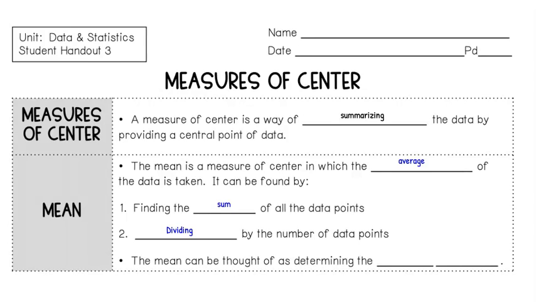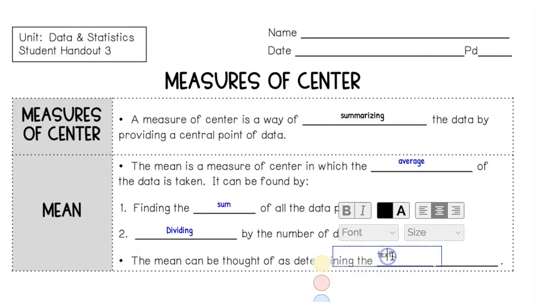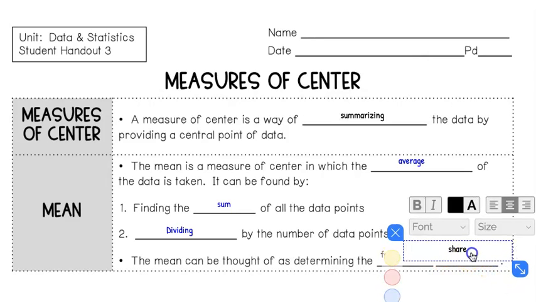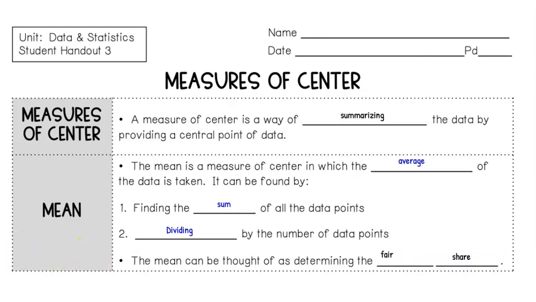The last one up top says the mean can be thought of as determining the fair share. So average is another word for mean.